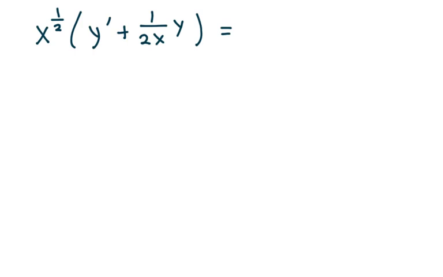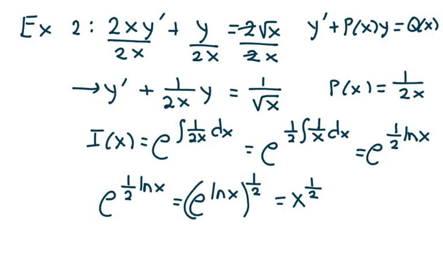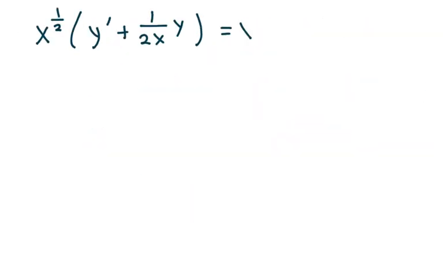So I get x to the 1/2 times y prime plus 1 over 2xy. That's on the left side. On the right side, I'm going to take x to the 1/2, and I'm going to multiply by 1 over root x.